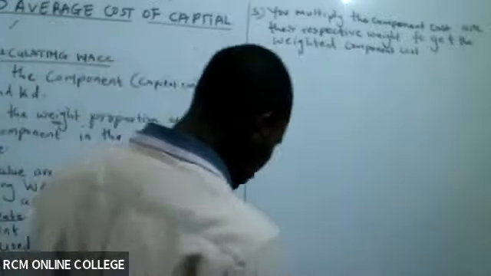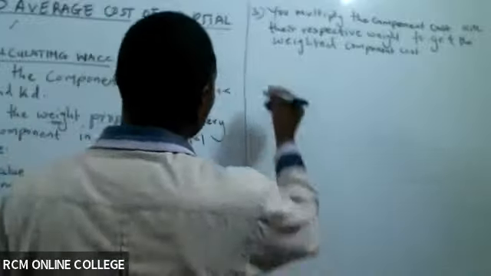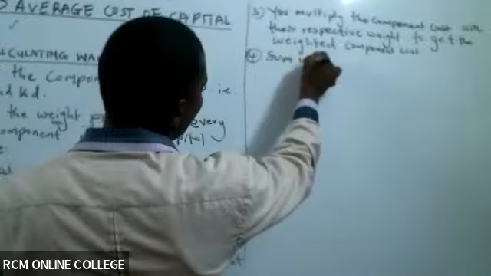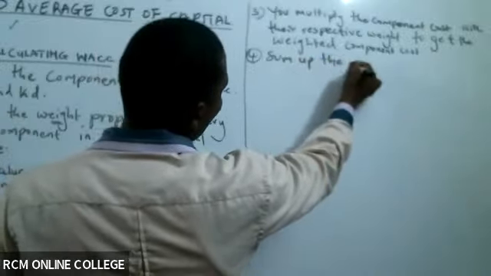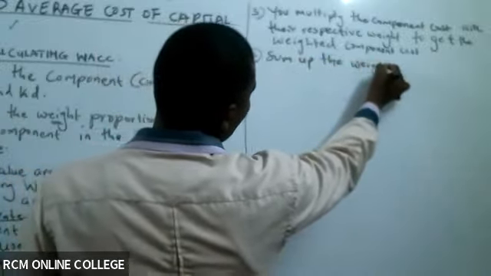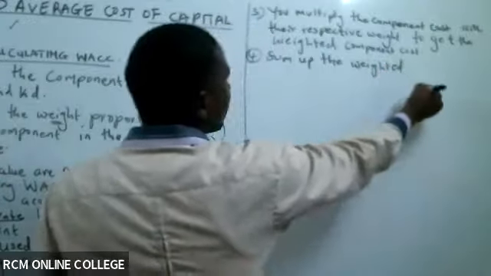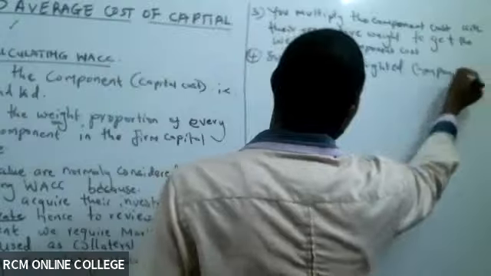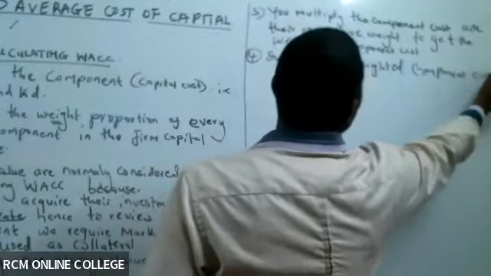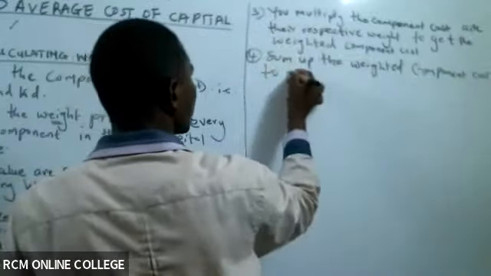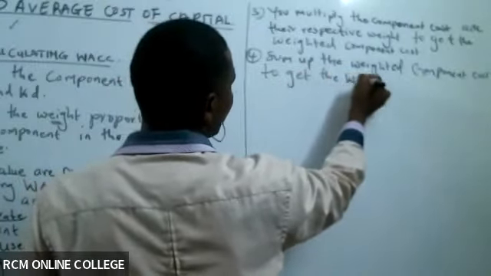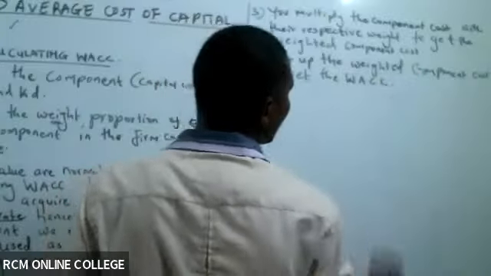Step 4. Sum up the weighted component cost to get WACC. Tutaifanya leo.